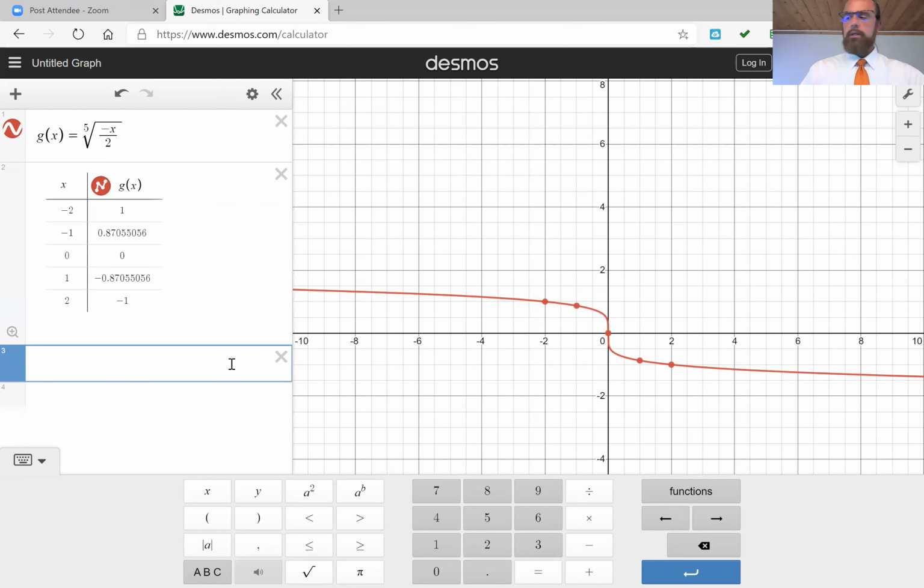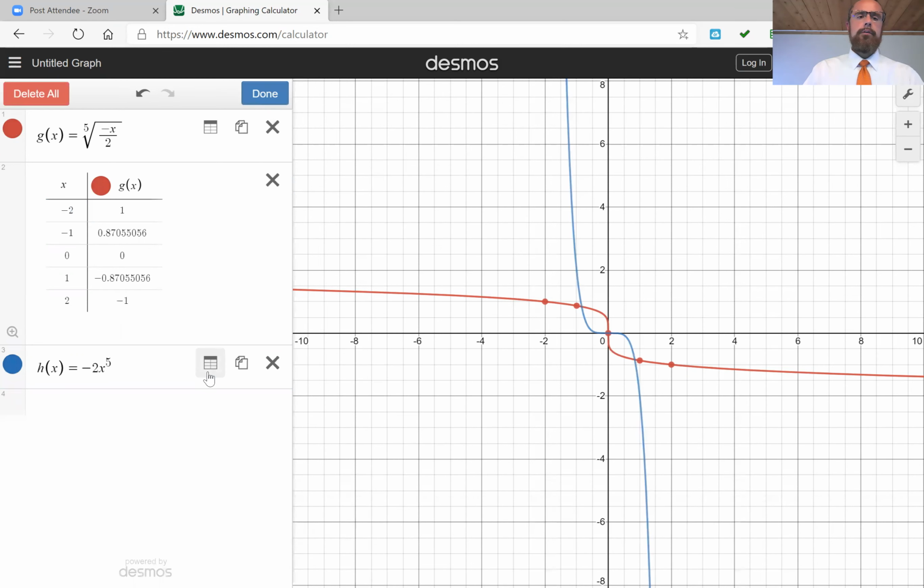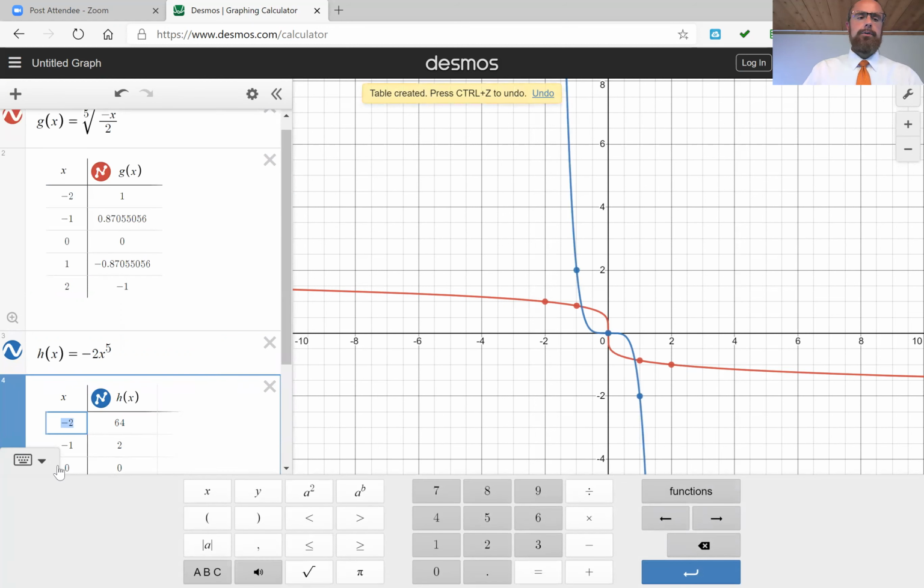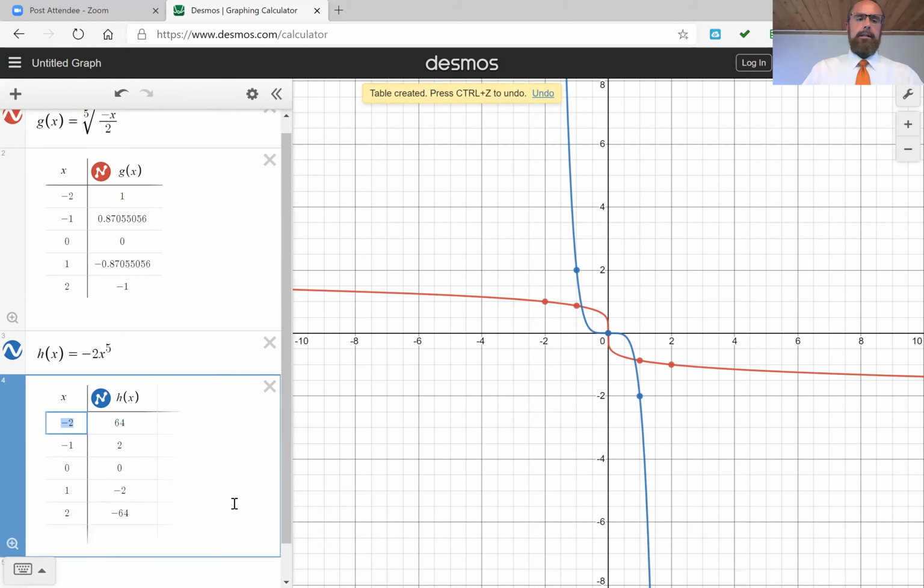I do also want to calculate the outputs for my inverse. So that we'll call h of x equals -2x to the power of 5. Same as we did for our original function, I want a table for the inverse. And definitely I can record those values.